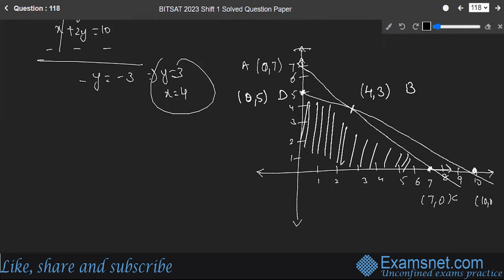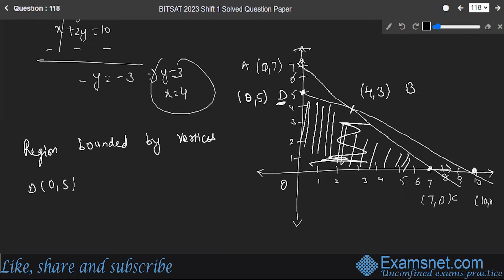All right, you have to find out the area which is occupied by, if I take this as O, the region that you have to find out, the shaded area, is this one represented. So the region is bounded by vertices, that is D 0, comma 5, B 4, comma 3, and C 7, comma 0.